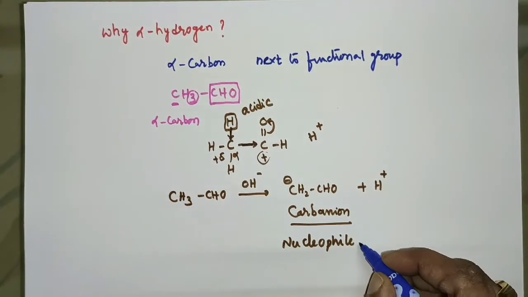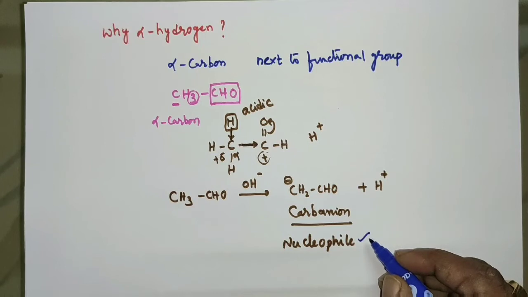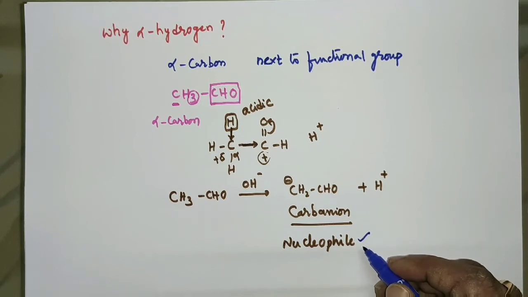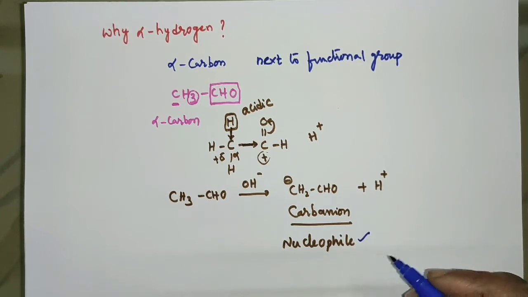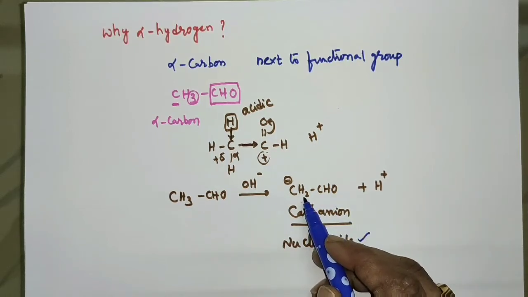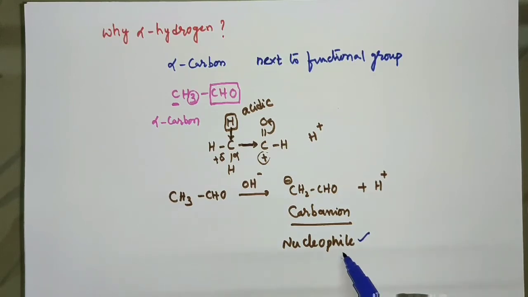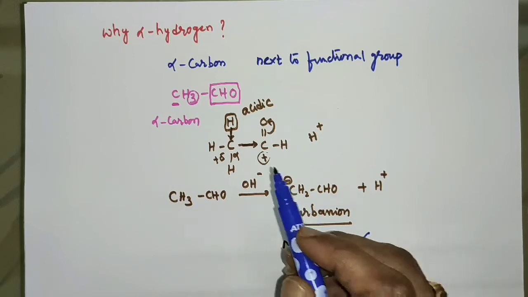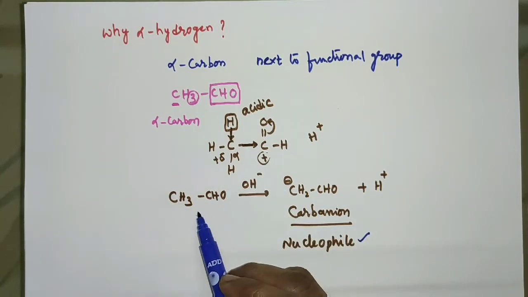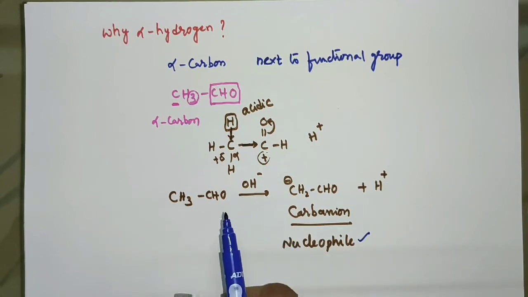And we all know that aldehydes and ketones participate in nucleophilic addition reactions. So we need nucleophile to attack on carbonyl carbon. So this carbanion formed from aldehyde containing alpha hydrogens acts as nucleophile. So to get nucleophile, we need aldehydes or ketones containing alpha hydrogen to participate in aldol condensation.